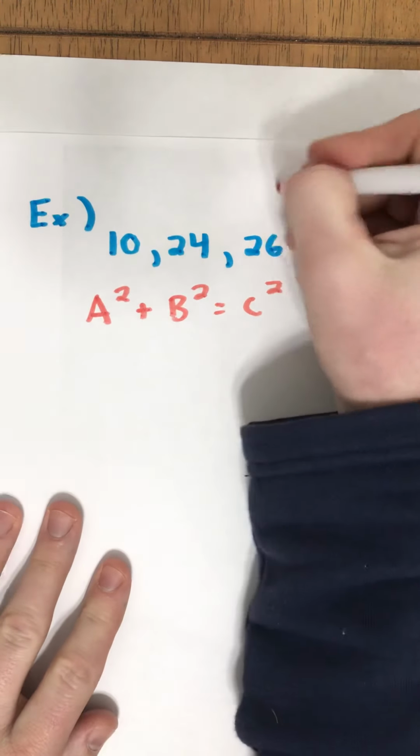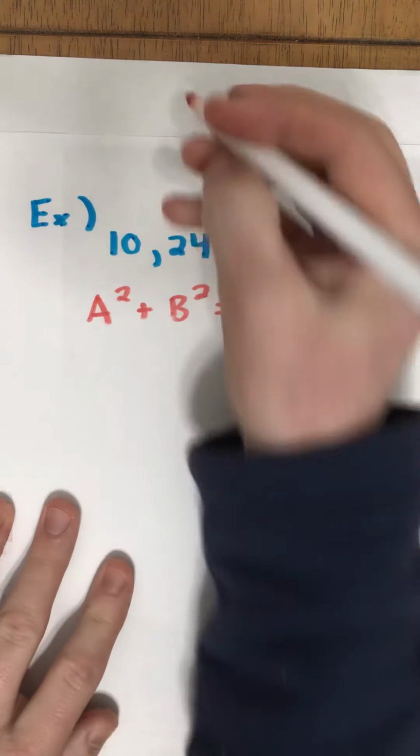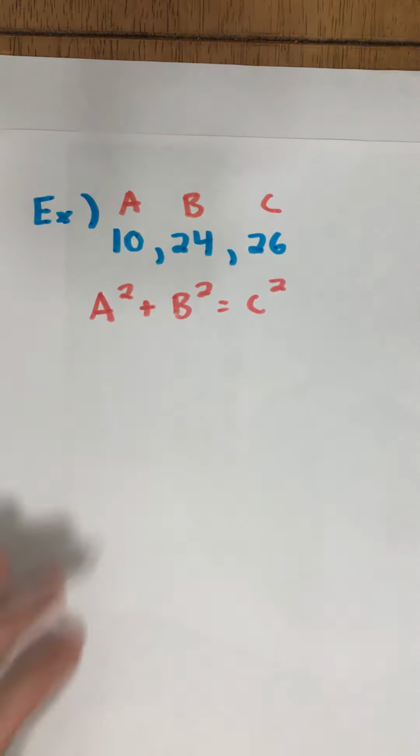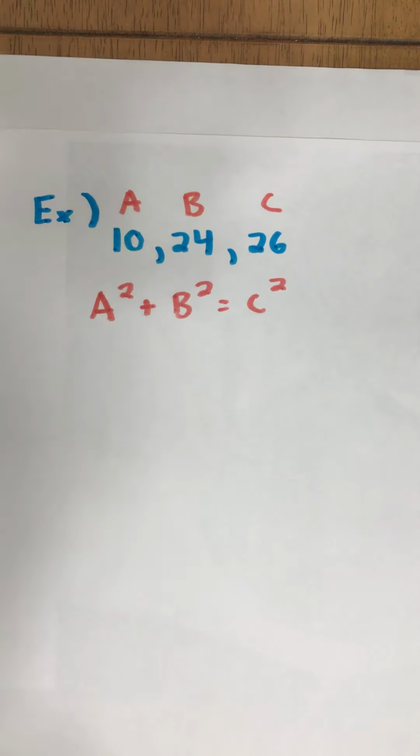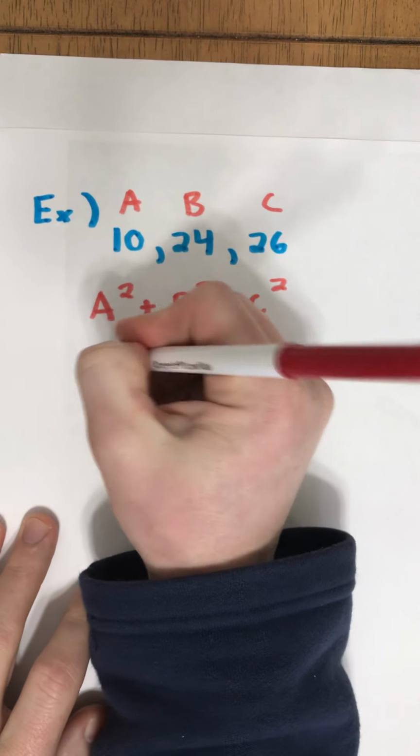I'm going to take my biggest number and make that c. So in this case, 26 is going to be my c. I'll have 10 be my A, and 24 be my B. And so I'm just going to throw these numbers in here, substitute those values in.